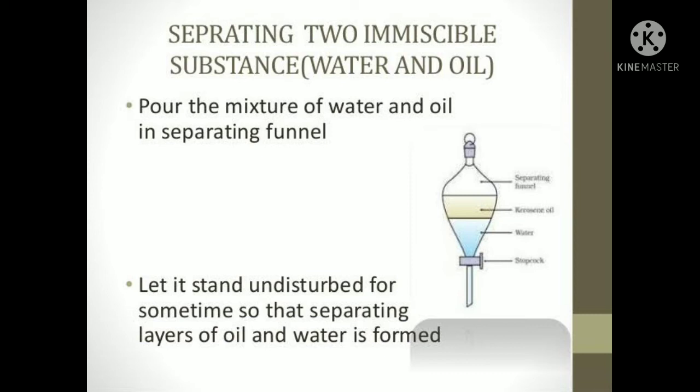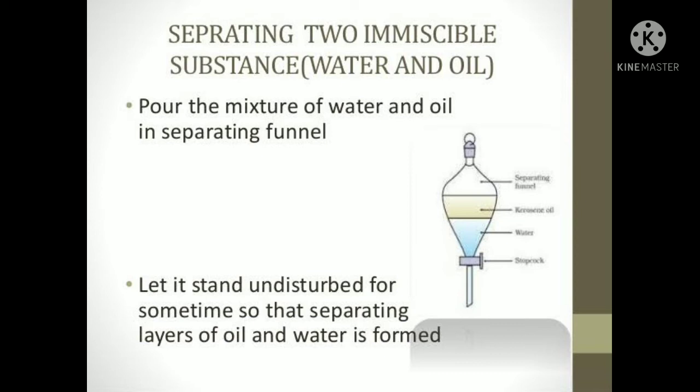As water is denser than oil, the oil is lighter, so it will float as a layer, and we can stop the cock there and get the separation of both immiscible liquids.